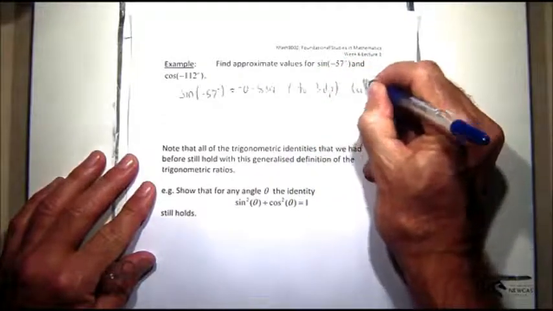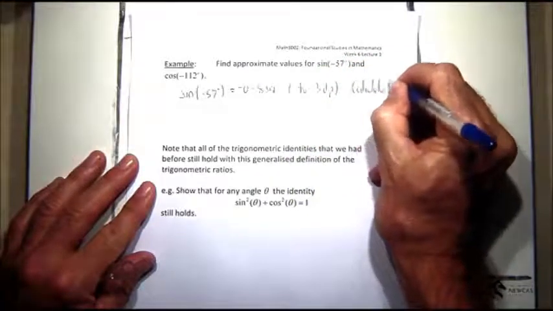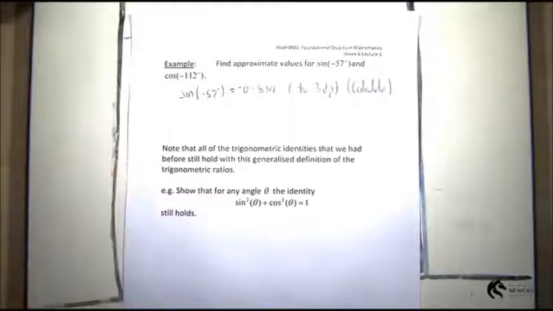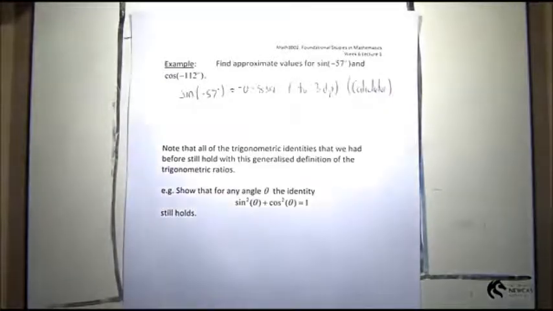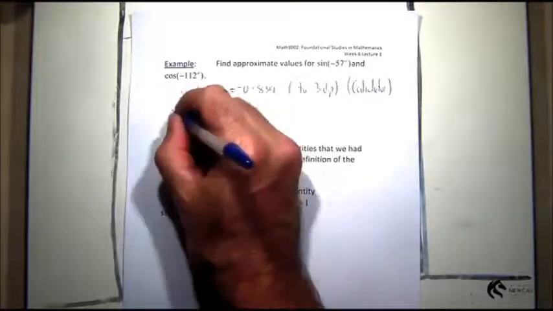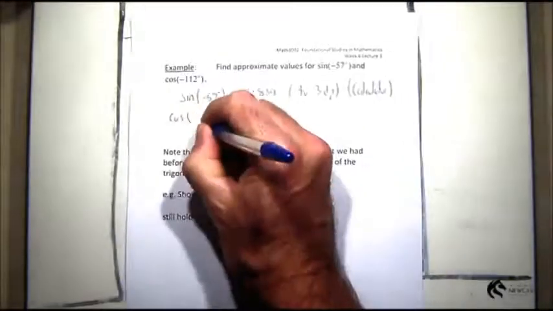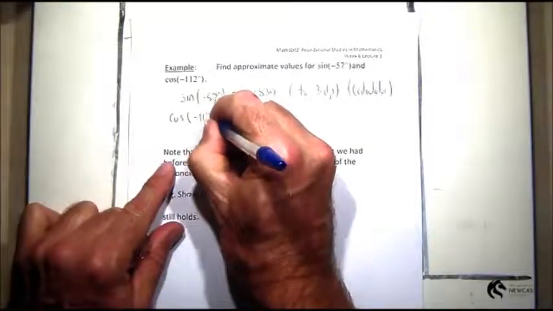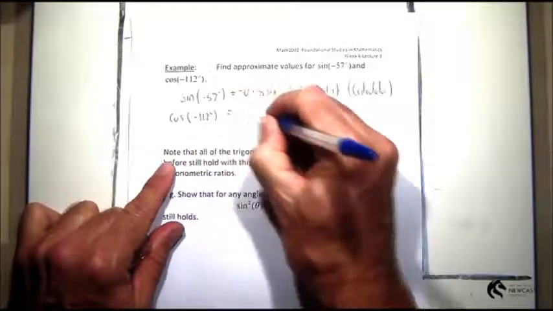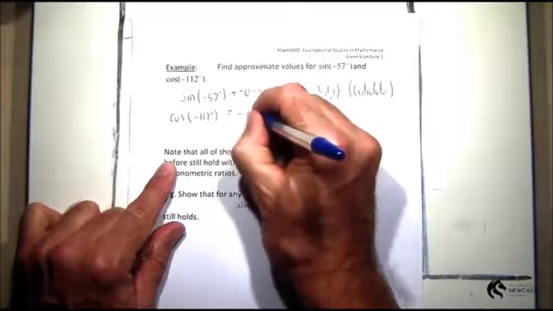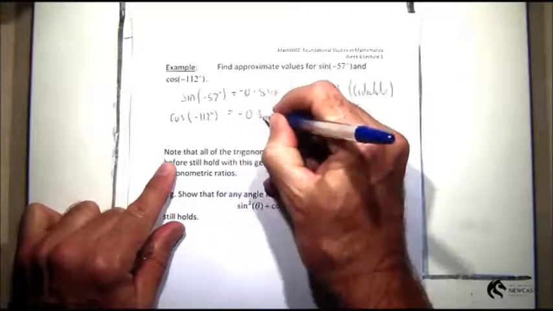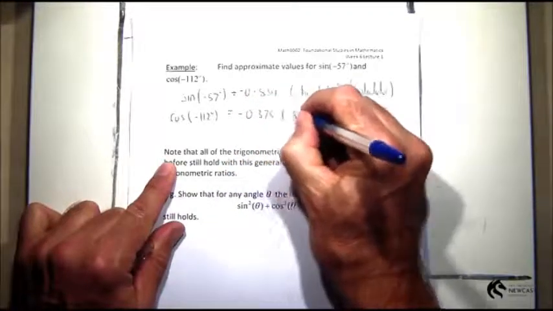You just used your calculator. So your calculator actually knows a fair bit of maths, which is good. Saves us having to work it out. And likewise, if I had to work out the cos of minus 112 degrees, put it in your calculator, and you get minus 0.375.